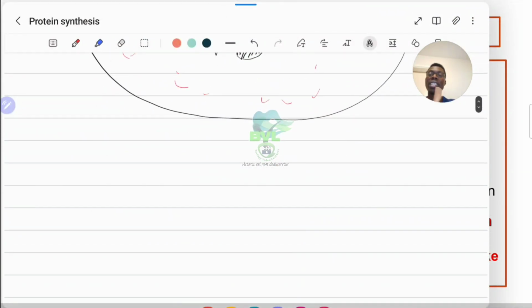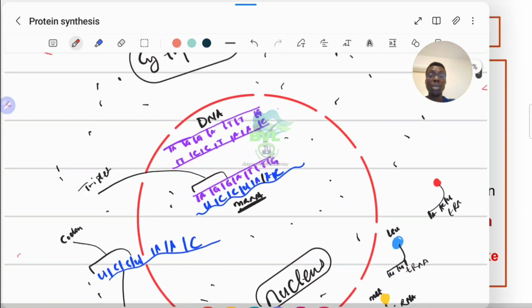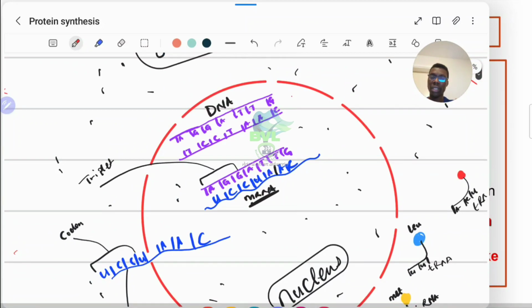So protein synthesis takes place in 2 stages. First one is transcription, and the next one is translation. Please stay with me. Now, the first stage is transcription, which involves some things.